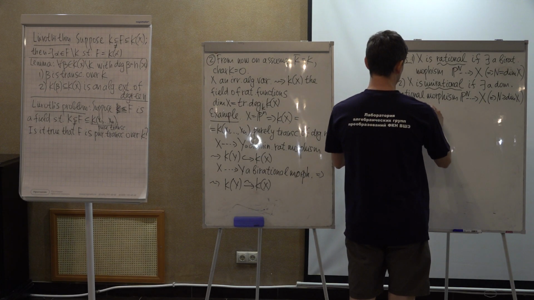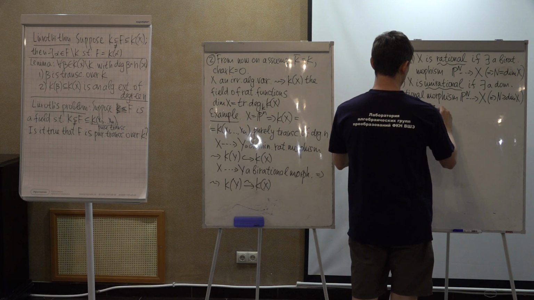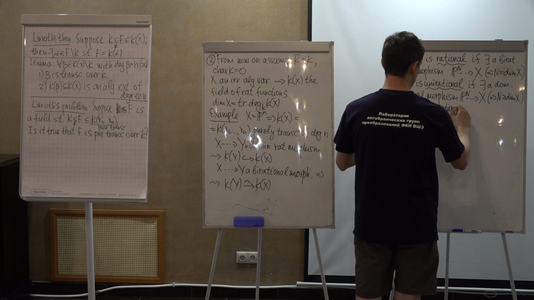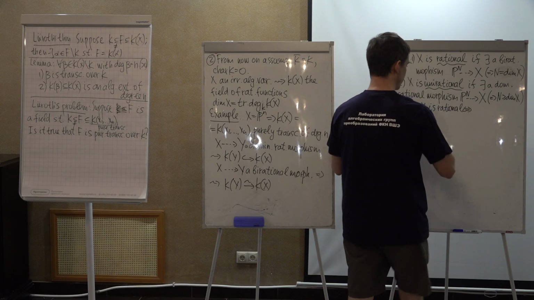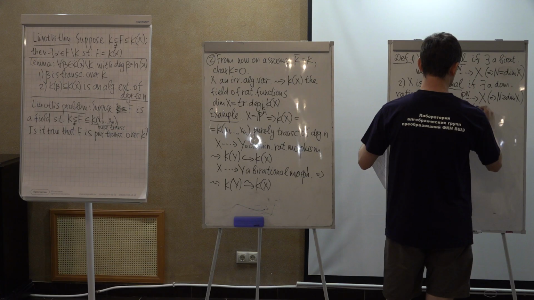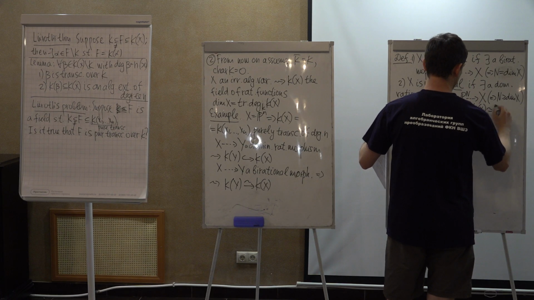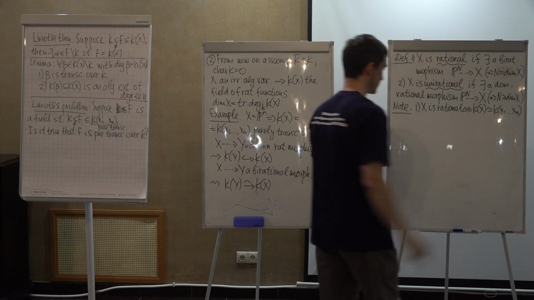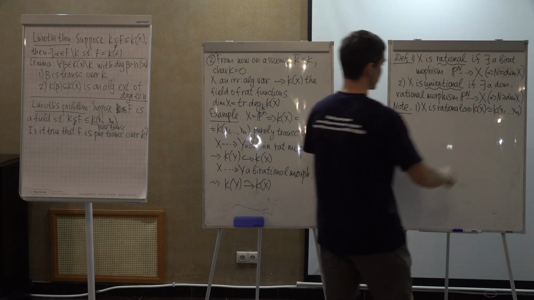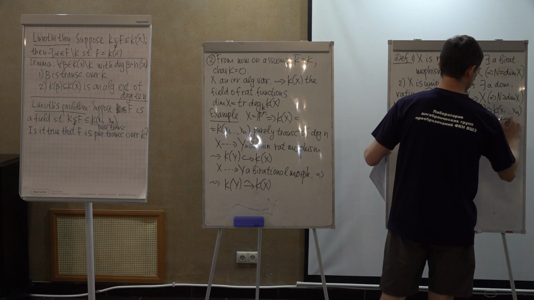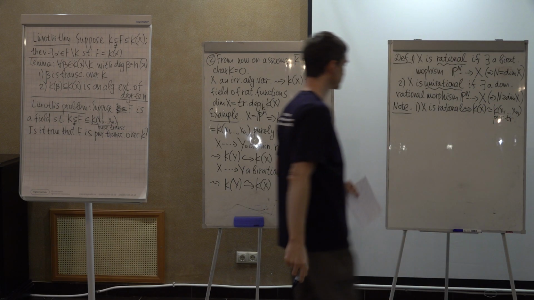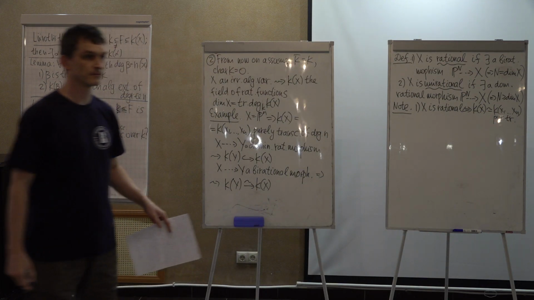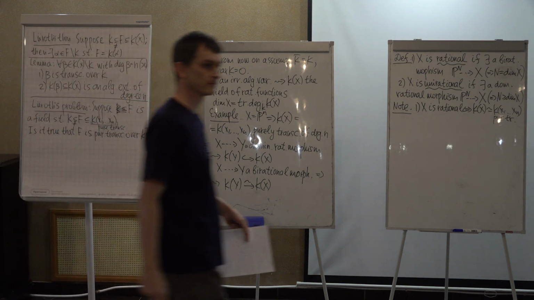The first one, X is rational if and only if its field of rational functions is isomorphic to a purely transcendental extension of K. Certainly, this variant looks much more natural than existence of rational models.